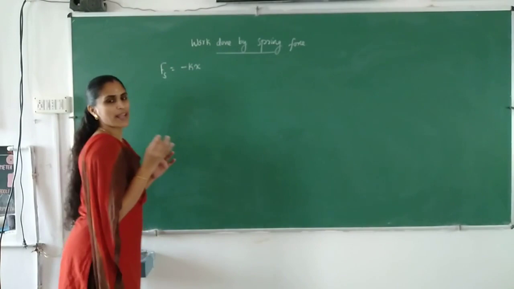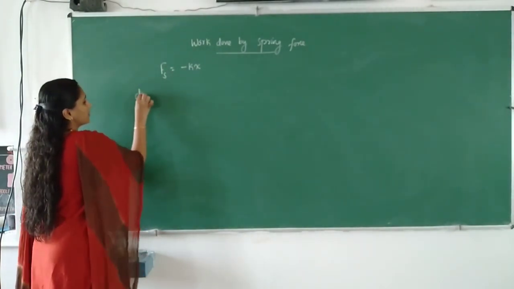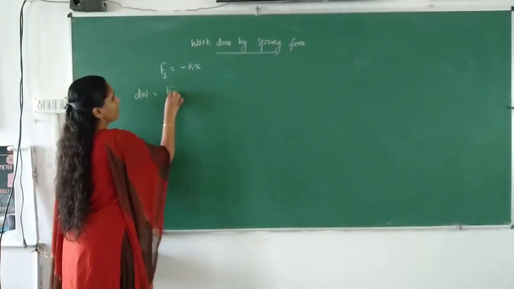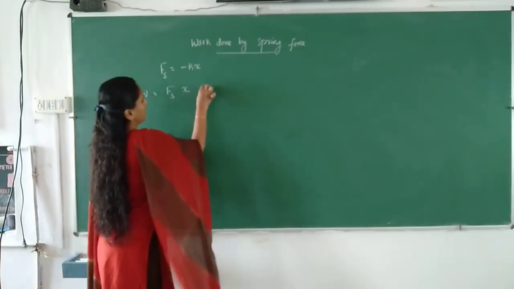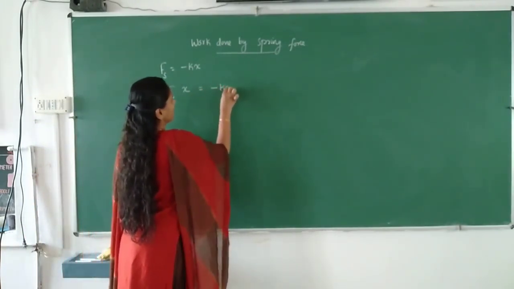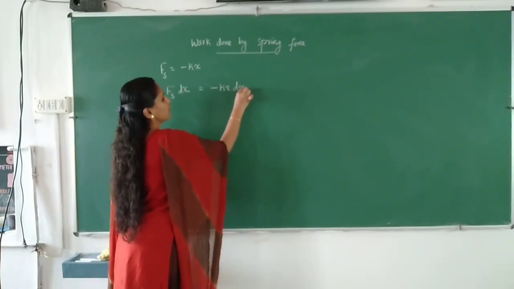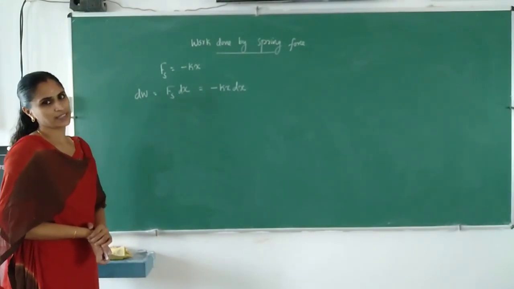If it is displaced by a small amount dx, the small amount of work can be written as Fs dot dx. So you can write it as minus Kx dx.